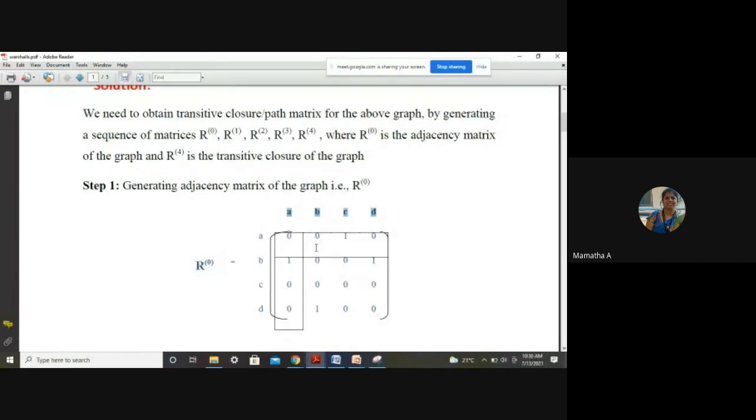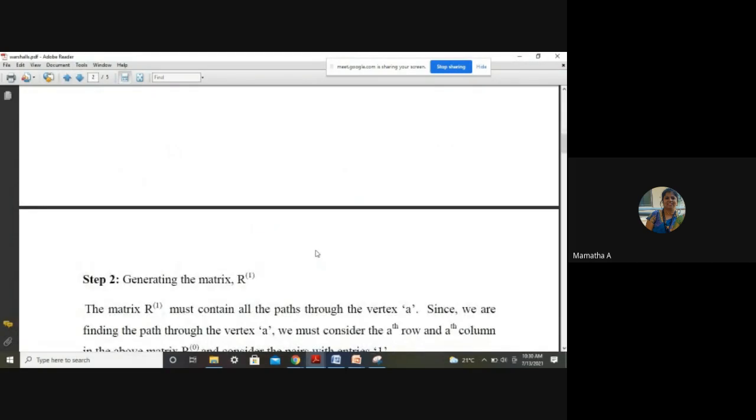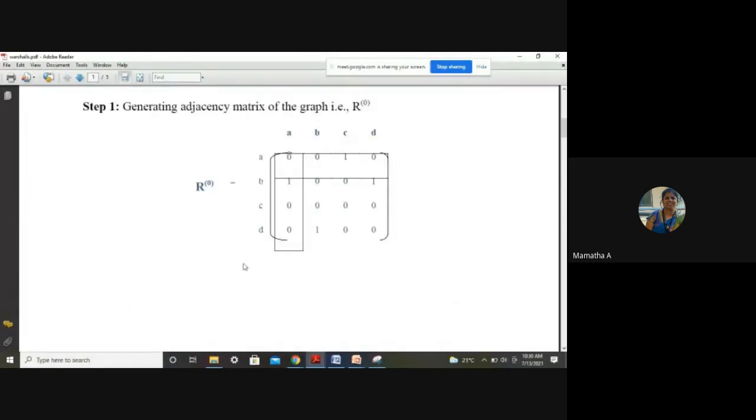Next is step 2. I need to generate the matrix R1. I cannot sit and check out all the possibilities, so I am applying the reverse way of getting the answer.